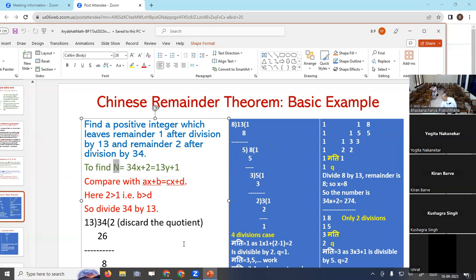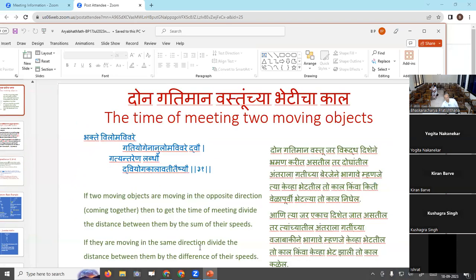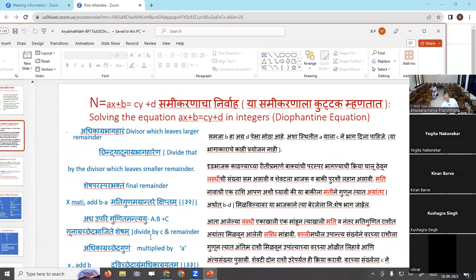What Aryabhata says, because it is not written in terms of variables, is in words: adhika agra cheda gunam.